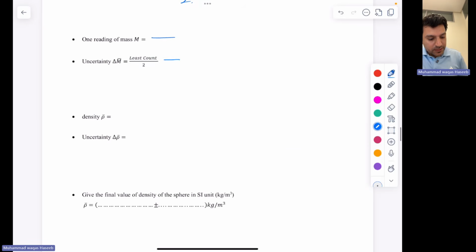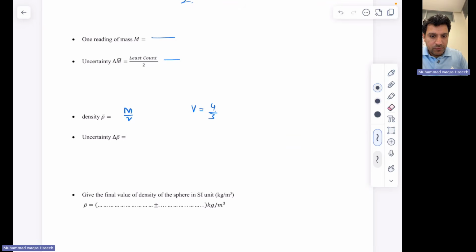So what is the density? Density is also mass per unit volume, and the volume of a sphere is 4 over 3 pi r cube. r is d divided by 2, so r cube is d cube divided by 8.